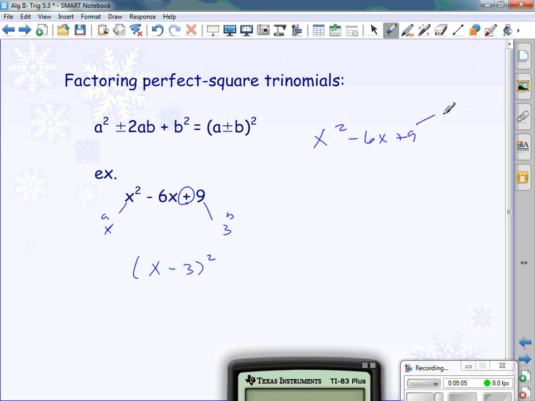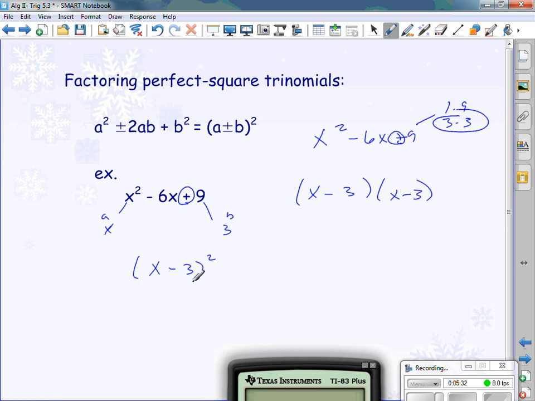You did the factors of 9: 1 and 9, 3 and 3. This told me the signs are the same. Only way I can get an x squared is an x and an x. Signs are the same. They both have to be negative. So when they're the same, I need to add. Which way do I add to get a 6? 3 and a 3.